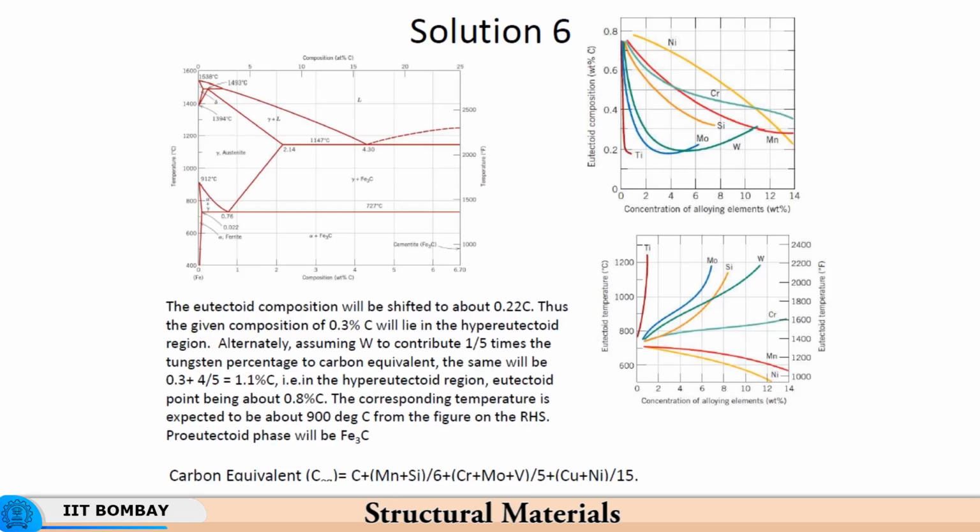So, the given composition of 0.3% carbon will no longer lie in the hypoeutectoid region, it will lie in the hypereutectoid region. Why? Because this eutectoid point has got shifted to the left. So, the 0.3% carbon lies to the right of the eutectoid point. So, it will become hypereutectoid.